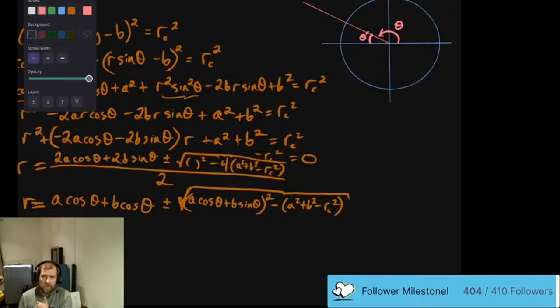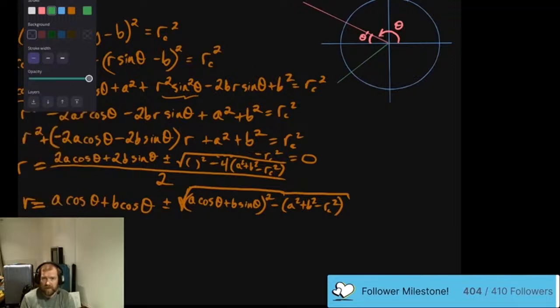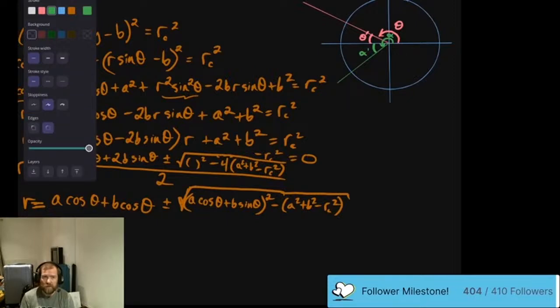The angle that you make with the x-axis, however, if this here is alpha, then this angle here is going to be alpha prime. It's the angle that you make with the x-axis, no matter where you are. These are what are called reference angles.